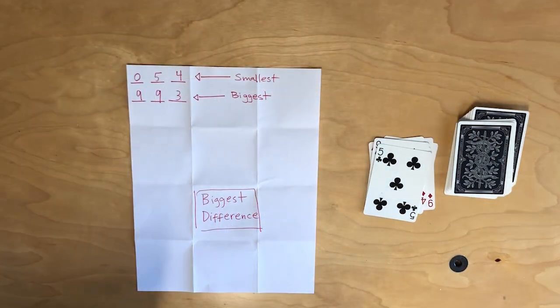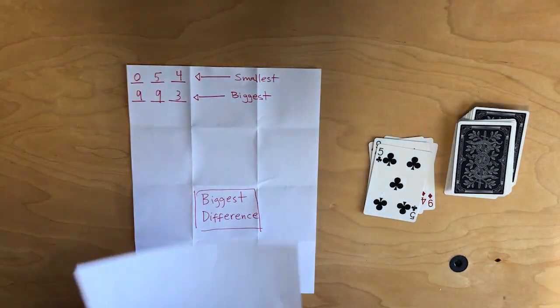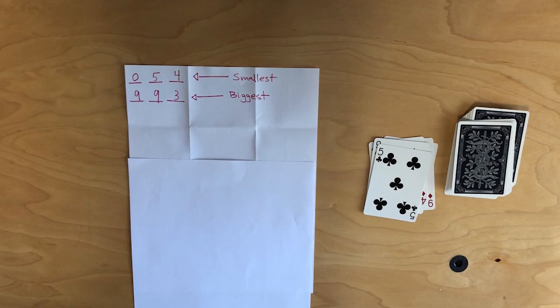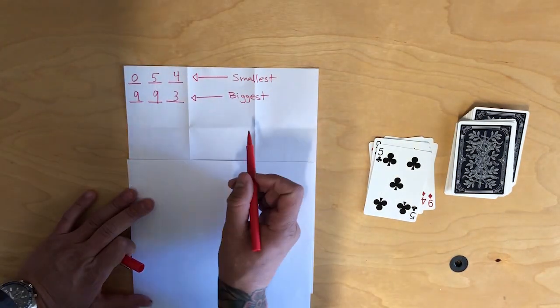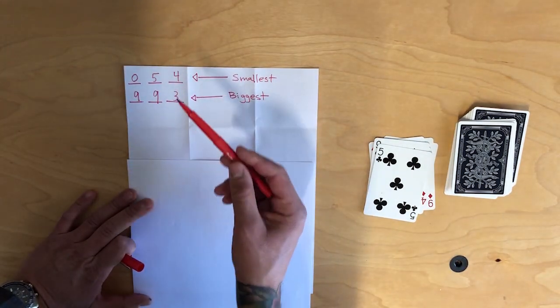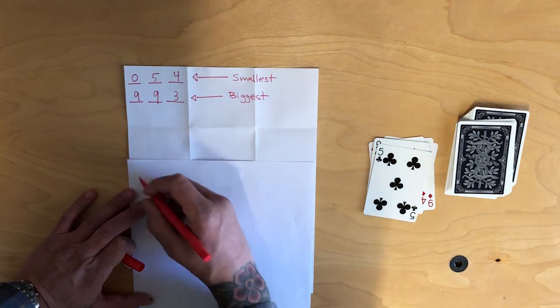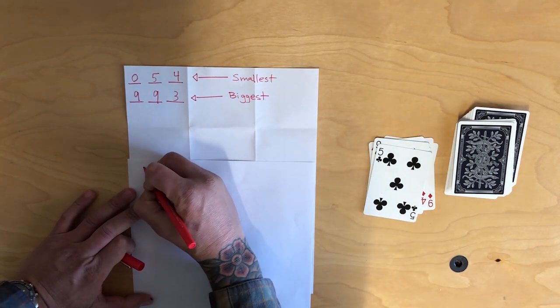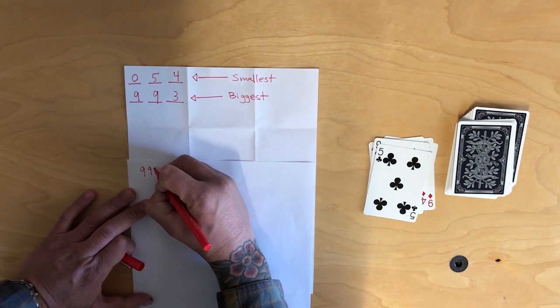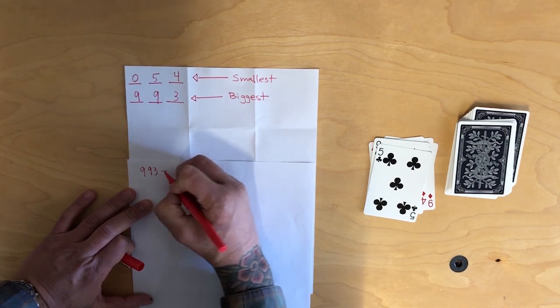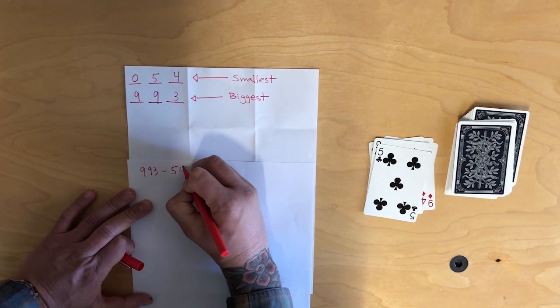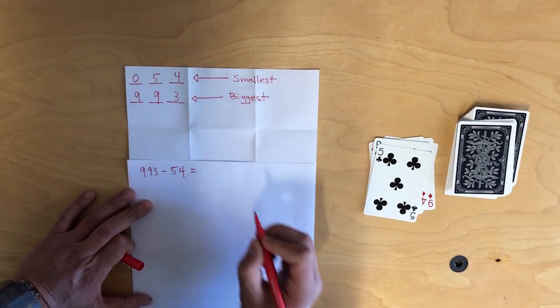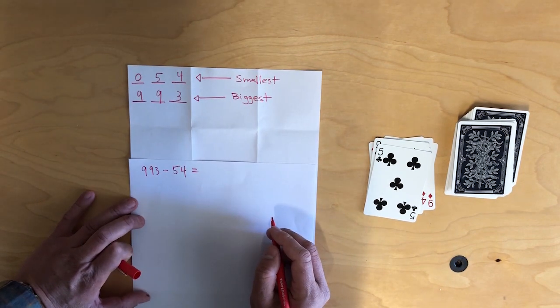All right, Rocketeers. Now for the second part, I'll get my other piece of paper, and I want to find out the difference between these two numbers. So I'll do 993 minus 54 equals... what does that equal to?